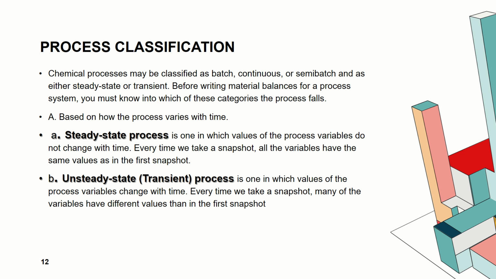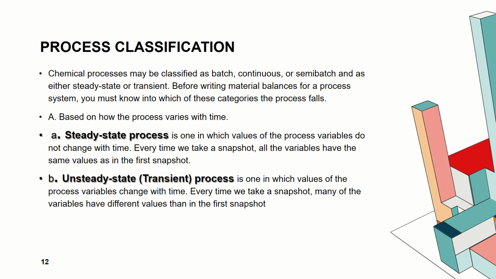So the first one is the steady state process. A steady state process is one in which values of process variables do not change with time. Every time we take a snapshot, all the variables have the same values as the first snapshot. So it means that they don't change.